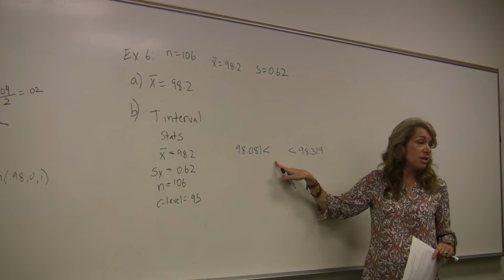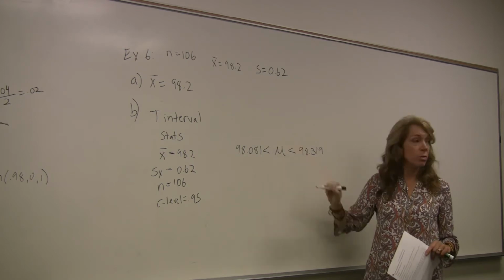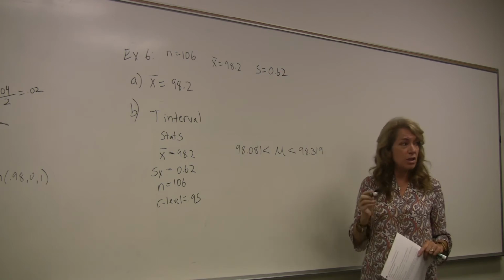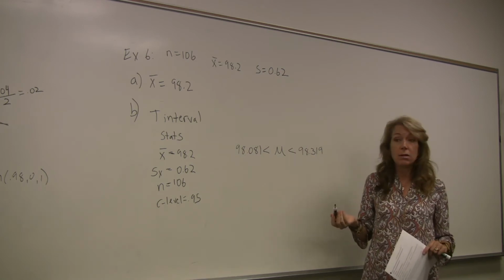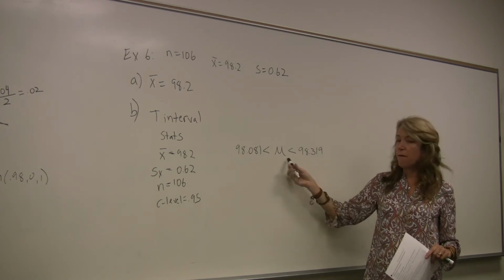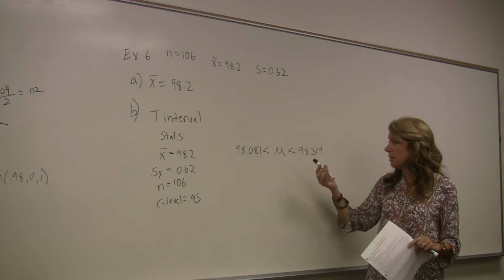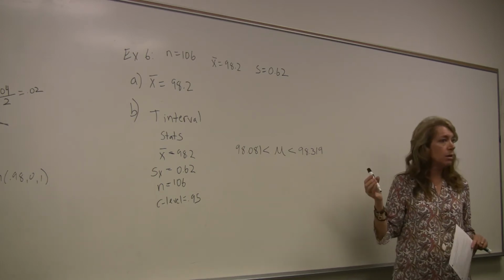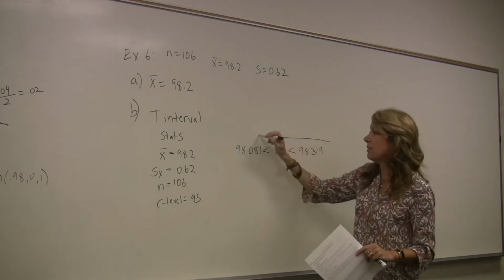It's still mu. We're still estimating the population mean. We're still estimating a mean. We're just using a different calculator function because we don't know sigma now. So this means that we're 95% confident that the mean for everybody is somewhere between 98.08 and 98.3. That's my confidence interval.